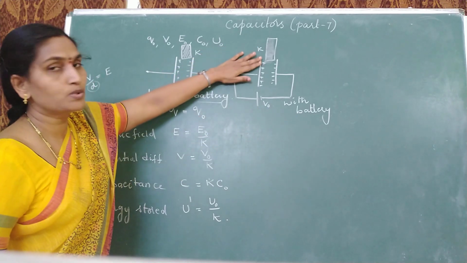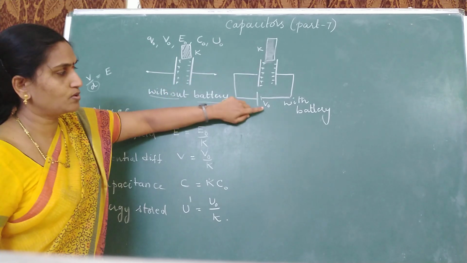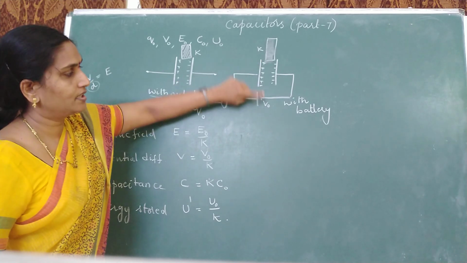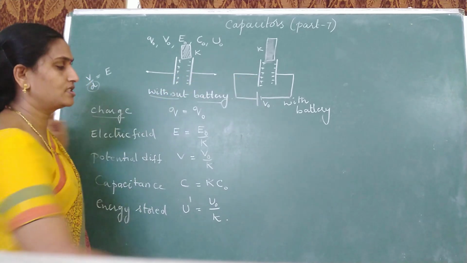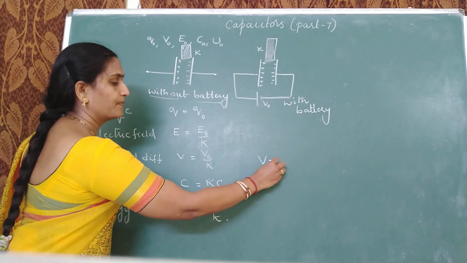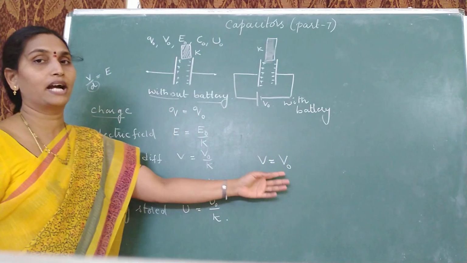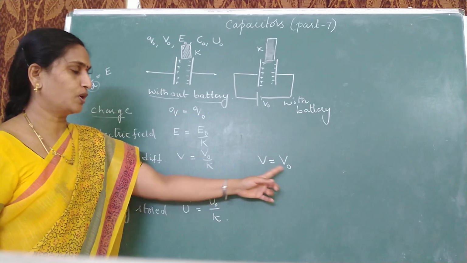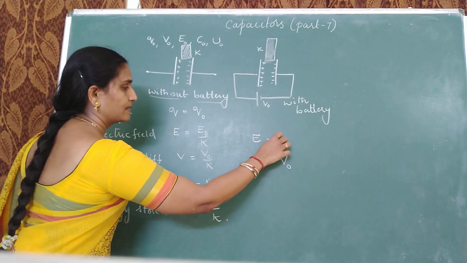The moment you introduce it, field is decreasing, potential is decreasing. Since you have a battery connected, this battery will start supplying the charges to bring back the potential to the original value. So what will be the new potential difference between the plates? It will come back to V naught. If potential is constant, field also remains constant.